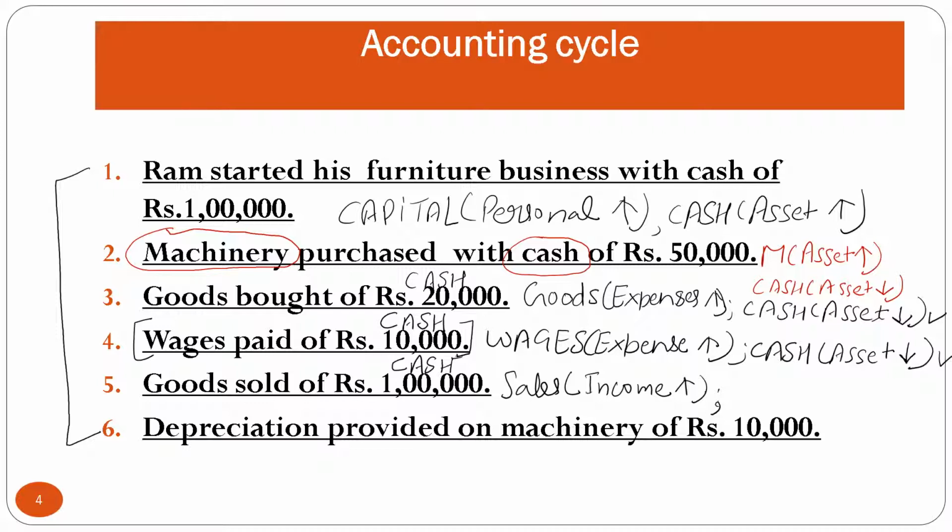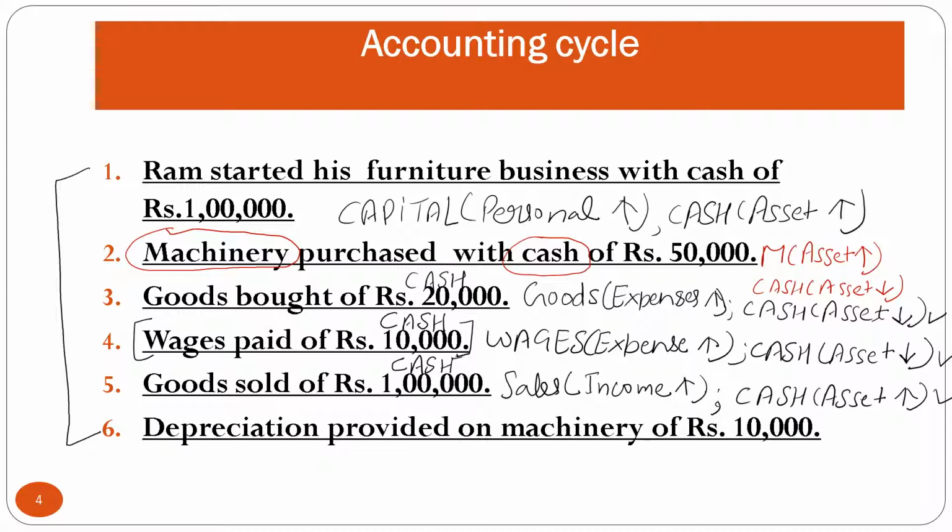Income increases and cash is an asset. When we sell the goods, cash comes into the business, so there is an increase in the cash or asset. So these are the two effects of this transaction.